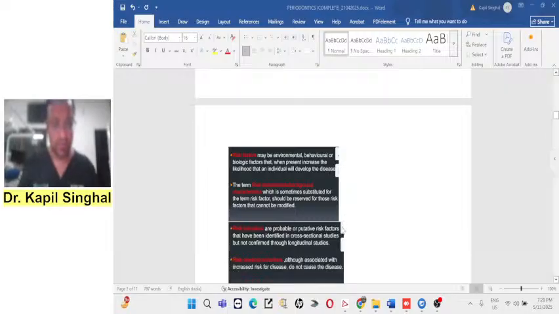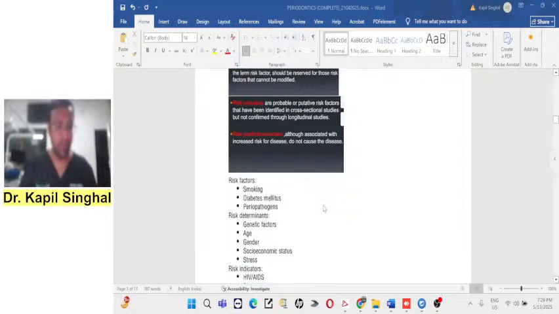Okay, so this is risk indicator, risk predictor, or risk markers. They are associated with increased risk of the disease, but they do not cause the disease. The important thing is you need to understand which conditions come under risk factor. Risk factors: smoking, diabetes mellitus, and other periopathogens.